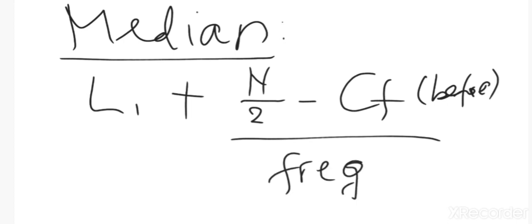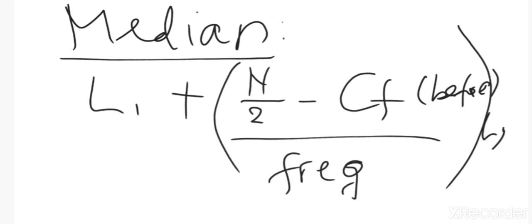So then times L2 minus L1. So this is the formula of calculating median for the grouped data.